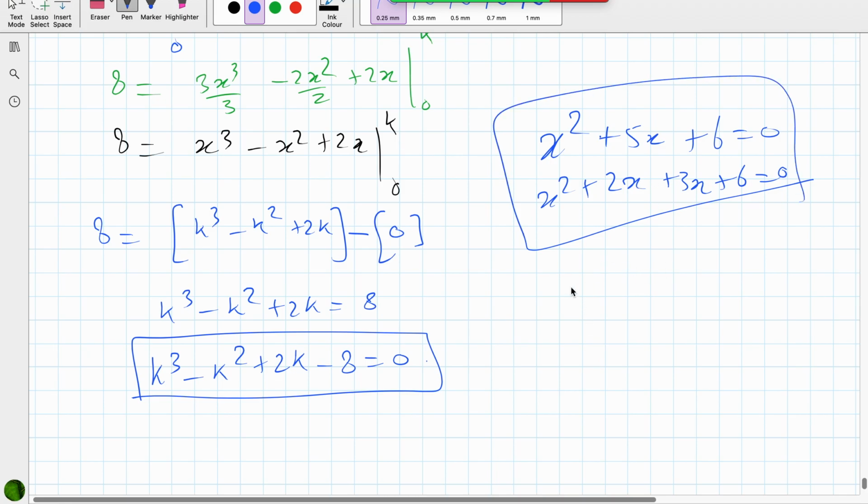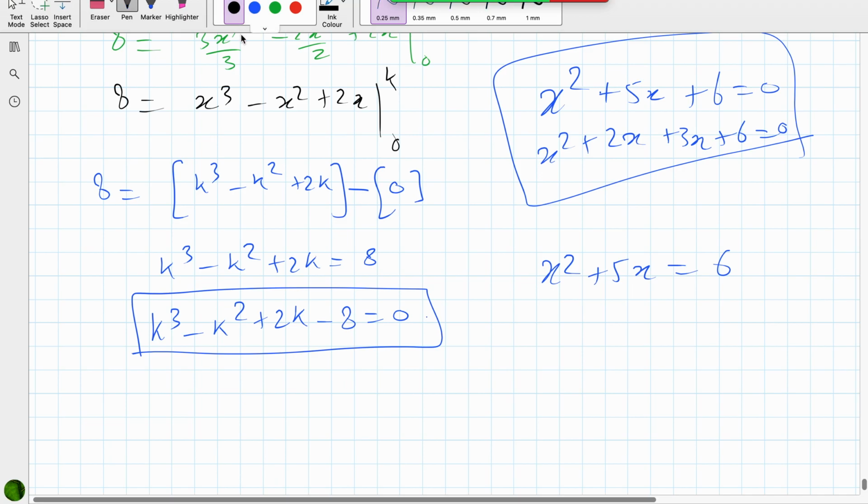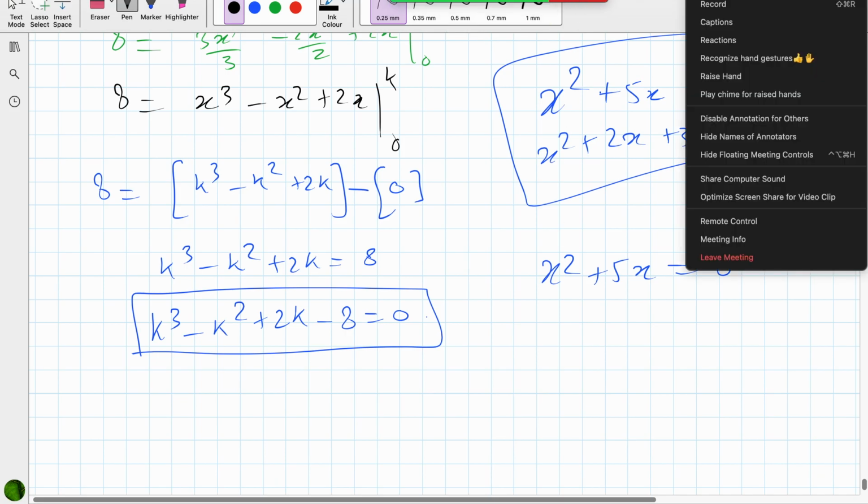There are more steps to it, but we don't do this. x square plus 5x is equal to 6 and take out x as common. Right? Annotation is allowed.